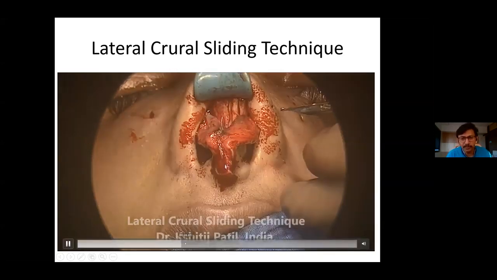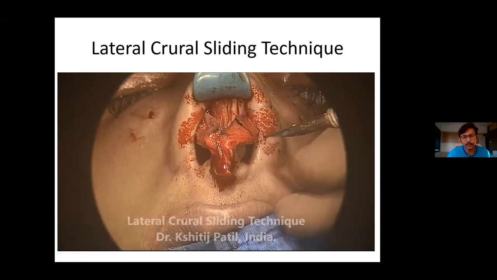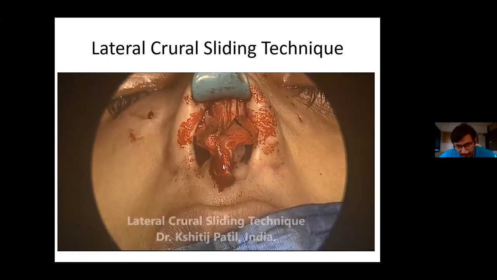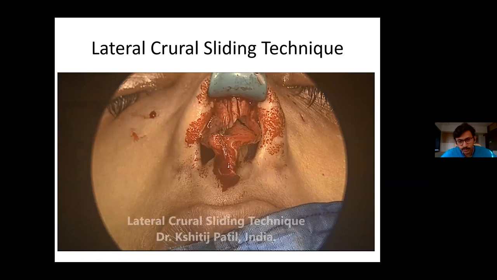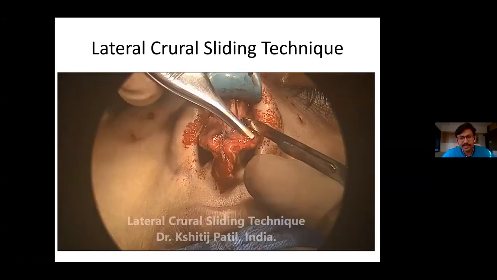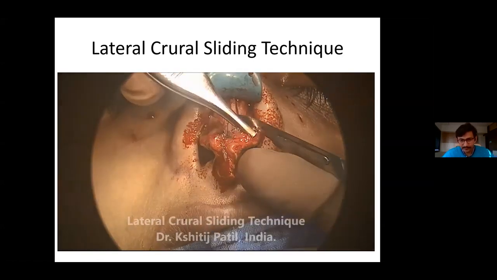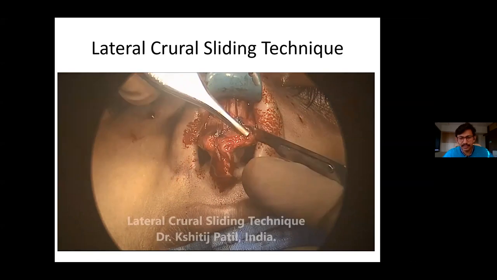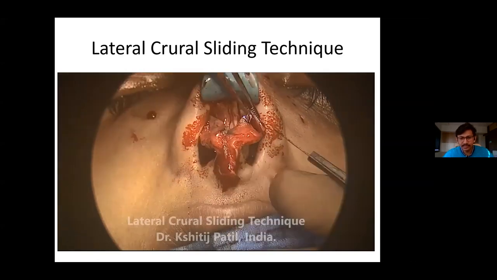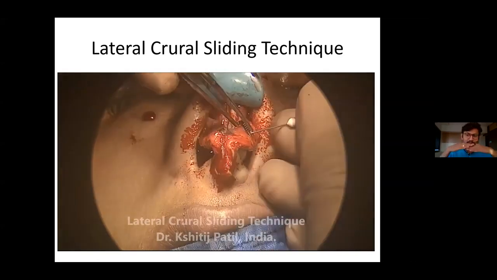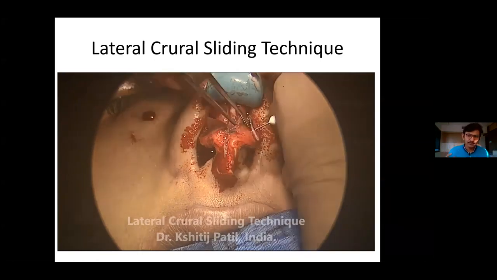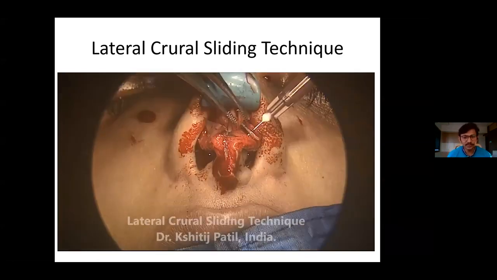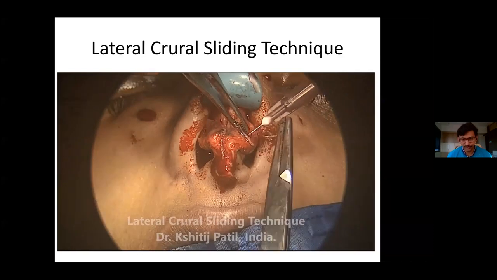Then you mark the point of maximum convexity, and you split this lateral crus at the most dependent area, and then you slide it on top of each other, fix it, and it is sutured with 2 sutures.